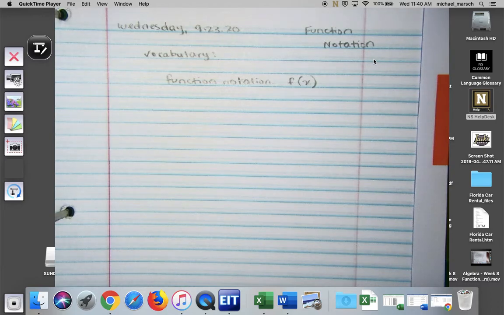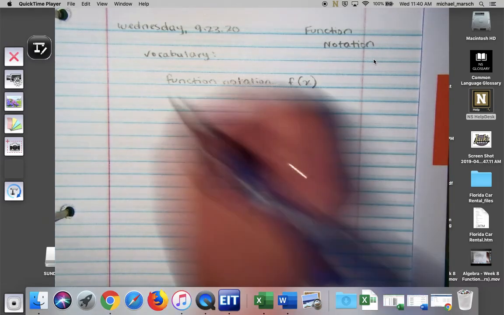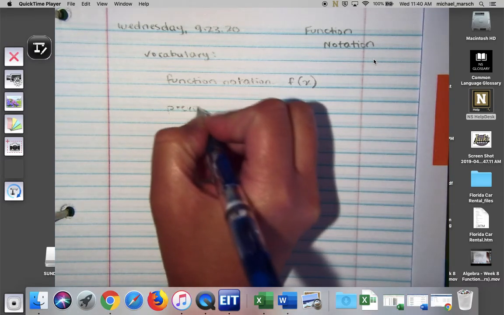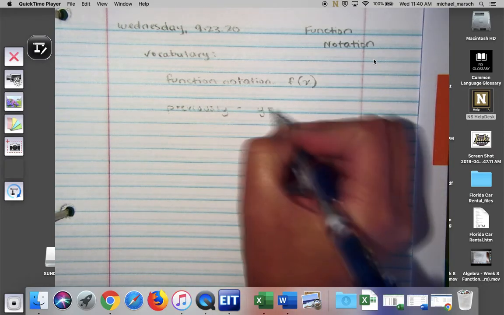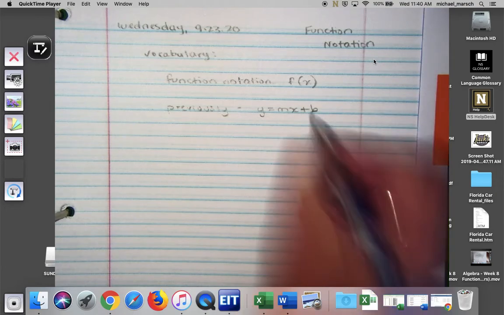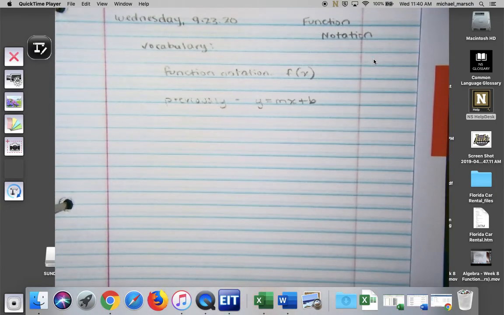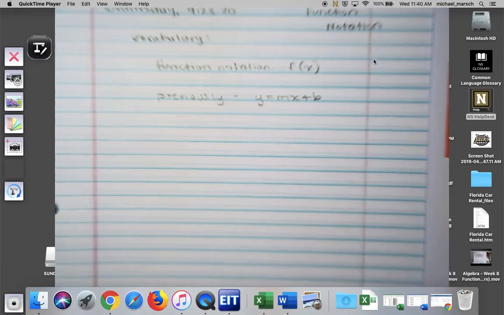Okay, so like I said, it kind of just takes the place of y. So previously, you would see y equals mx plus b, right? Everybody's favorite equation.